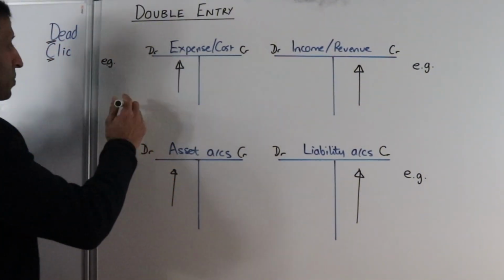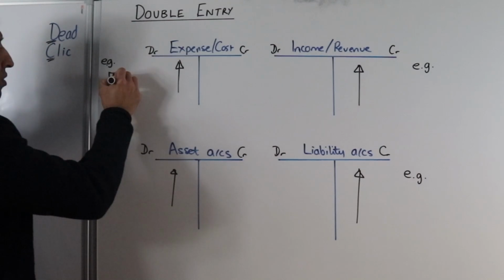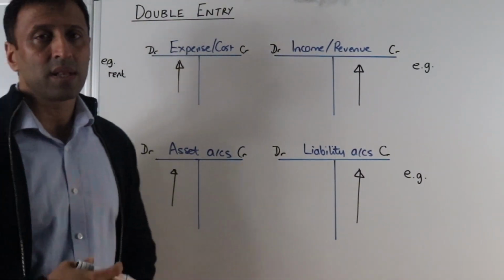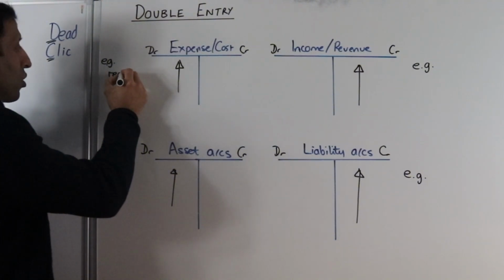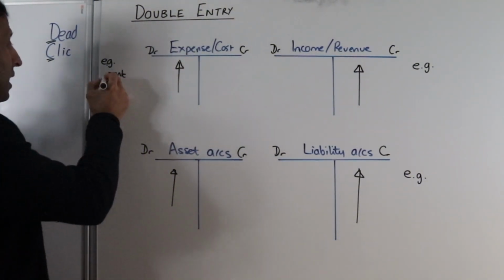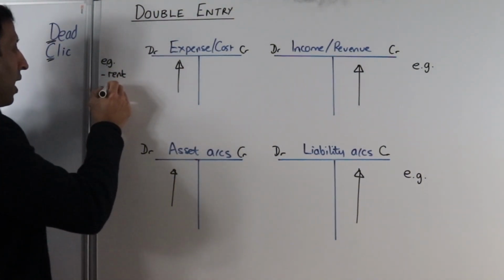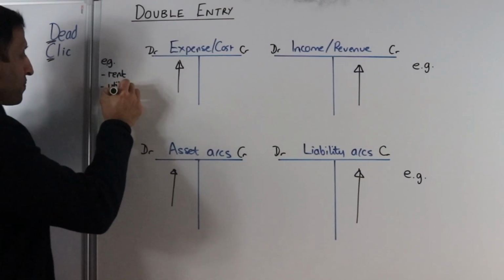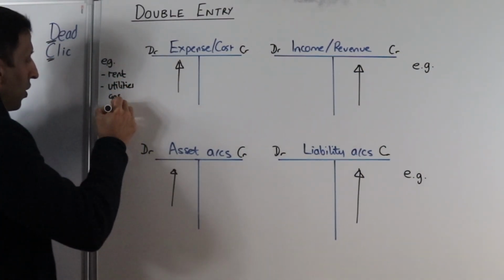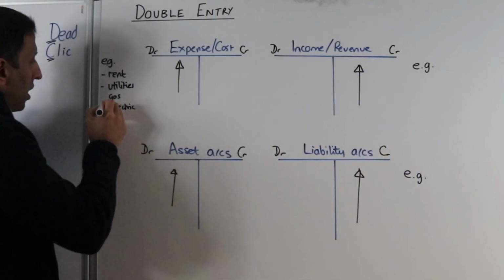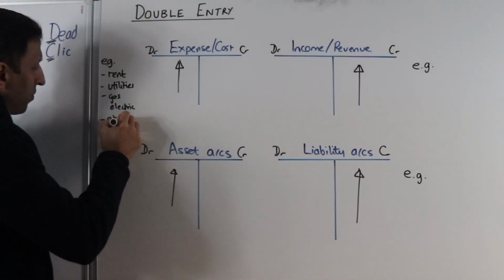Quick reminder, expenses are things like rent, any transaction that takes value away from the business. So agreeing to pay rent, having a landlord, renting a property, paying your utilities. So that's gas or electric, your phone bill.